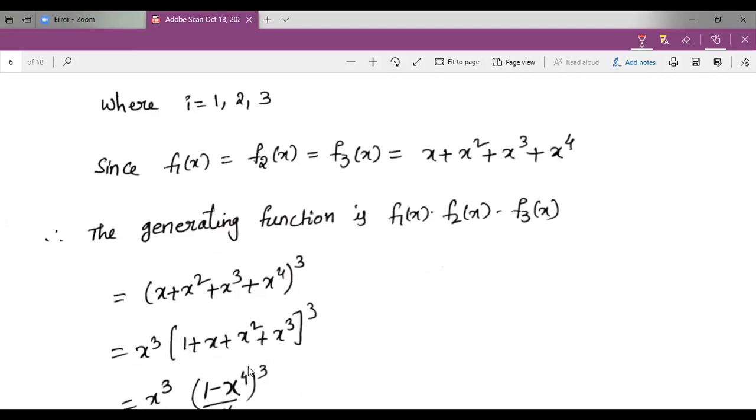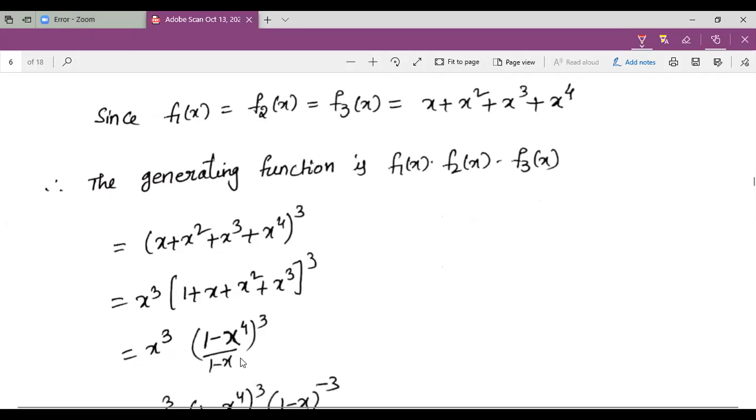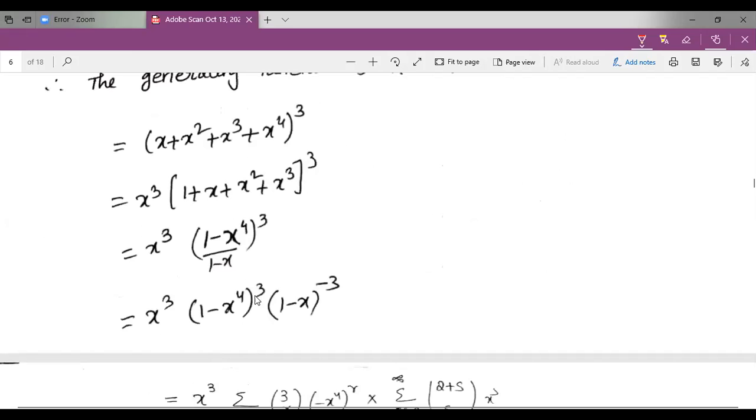This is the expansion for 1 minus x power 4 by 1 minus x whole cube. So 1 minus x power 4 by 1 minus x whole cube. So this can be written 1 minus x power 4 whole cube into 1 minus x whole power minus 3, because 1 by 1 minus x.